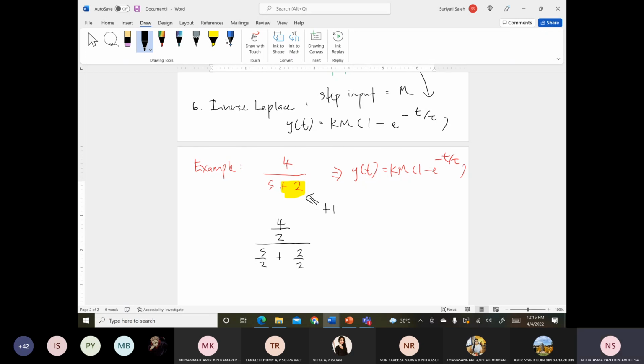So this one becomes 2 over 0.5 s plus 1. So once you obtain it like this, then straight away you can substitute the parameters inside the given time domain response. So this is the advantage, the usefulness of the first order transfer function.